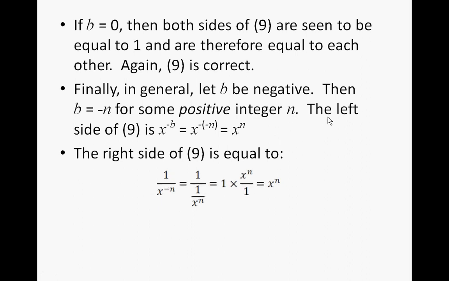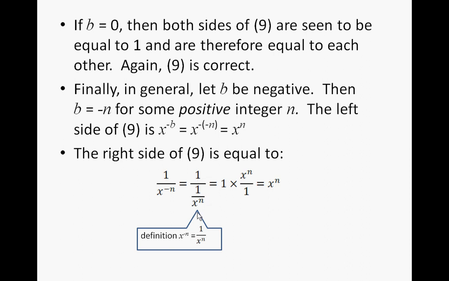So we talked about the left side, now the right side. If this is the expression on the right side, and we write this again using the definition, then we can say this. X raised to the negative nth power is, by definition, 1 over x to the nth power.